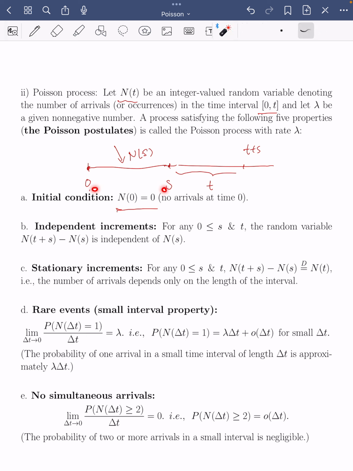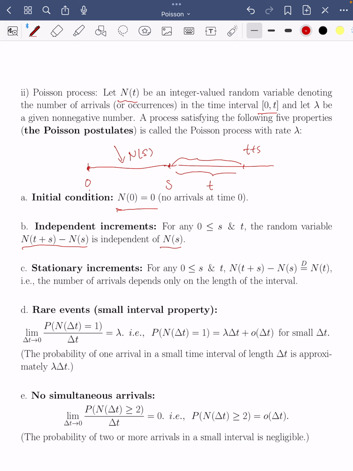From 0 to s, we observe this many arrivals, and also the number of arrivals that we observe between s and t plus s is given by this difference. So we claim that N(t+s) minus N(s) is independent of N(s). So that's the independent increments.